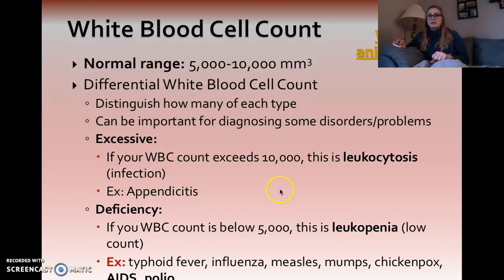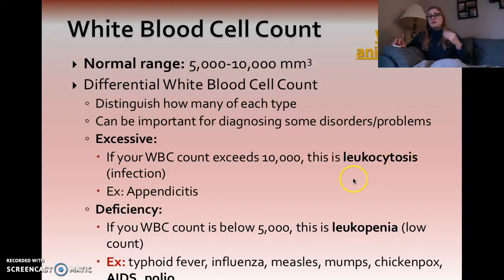So leukocytosis is what we end up calling it when you have way too many white blood cells. So when a doctor draws blood and is looking at how many white blood cells you have underneath the microscope, if you have a lot of them, chances are you have a massive infection.